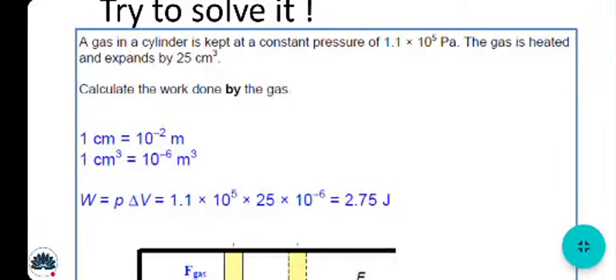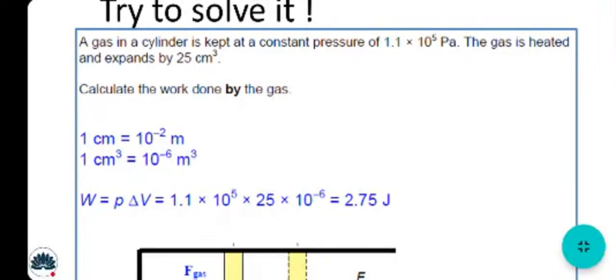The conversion is one of the important things in your AS. 1 cm = 10^-2 m, and similarly, 1 cm³ = 10^-6 m³.